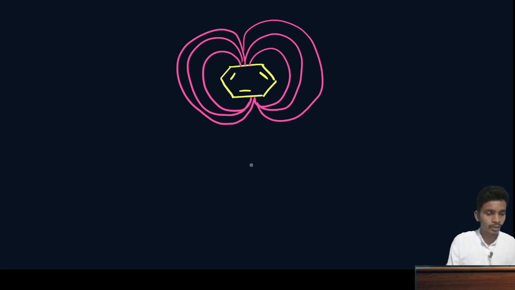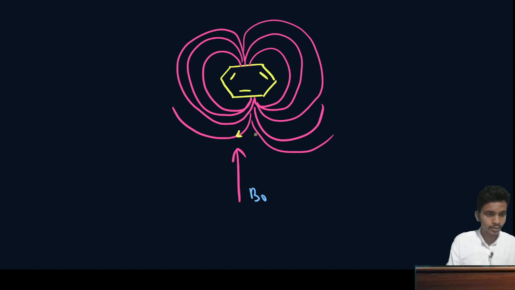Okay, and now you are applying a magnetic field, let's say B naught, in these directions. Here this is B naught, and the induced magnetic field by this aromatic system is in these directions.